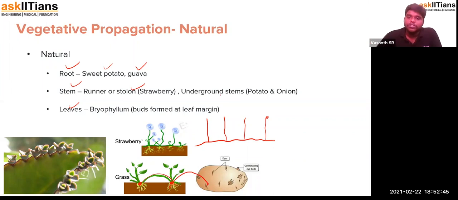When you have an underground stem, examples would be potato and onion. The potato is a very good example because potato is just a modification of the stem. It might be shocking for some people, but it is true. It is not a root modification, it's a stem modification. How does it happen? The scientific name for potato is Solanum tuberosum.